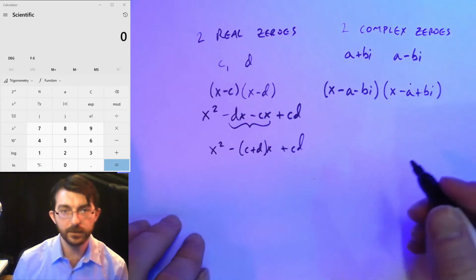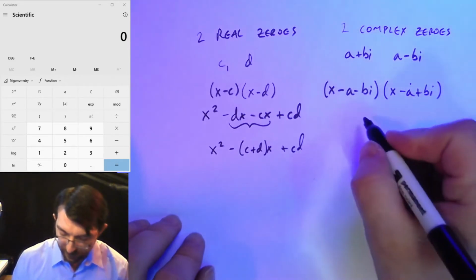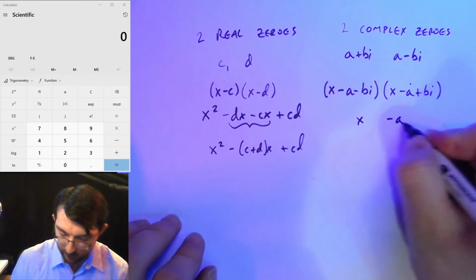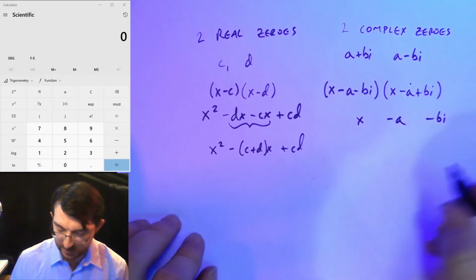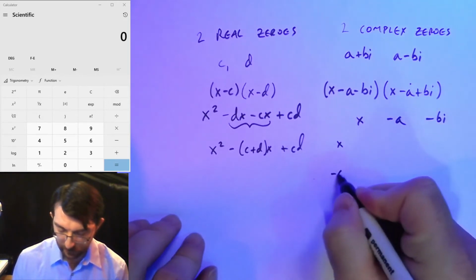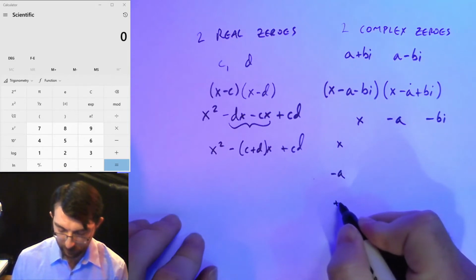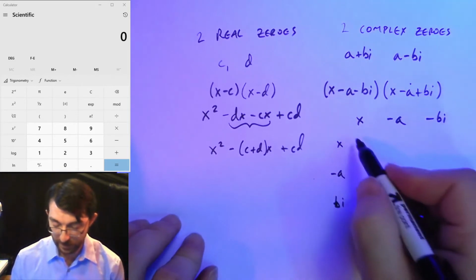I'm going to make a grid for this one. X minus A minus BI. X minus A plus BI, so I guess just BI.